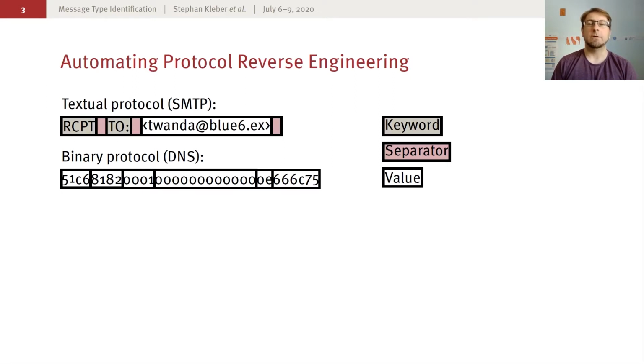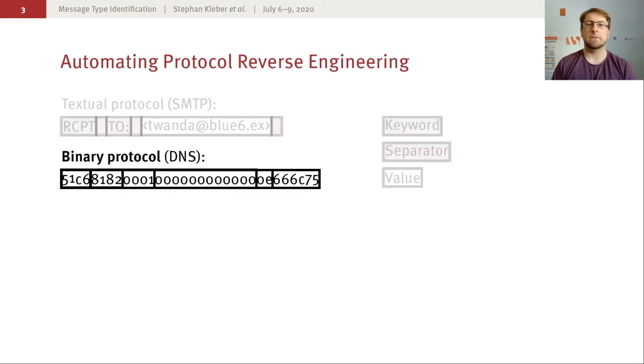In binary protocols, the bytes are tightly packed, and there are no separators that help identifying the structure of the message. Moreover, for textual protocols, several sophisticated methods that, for example, employ natural language processing exist, which is not the case for binary protocols. Therefore, we focus on the analysis of binary protocols.